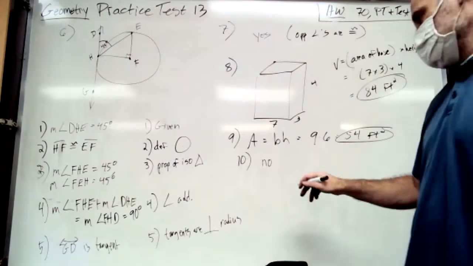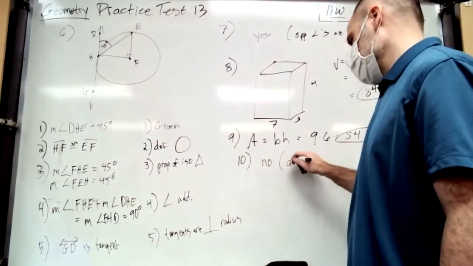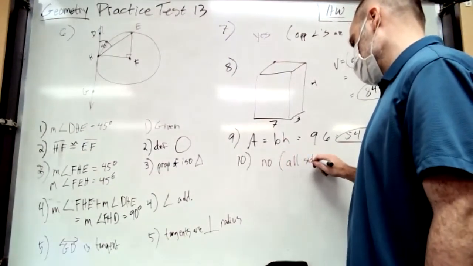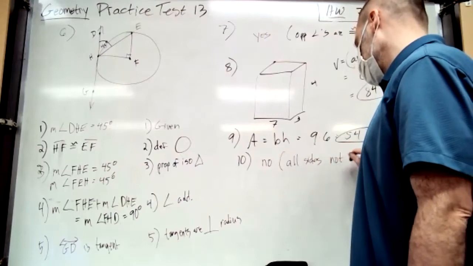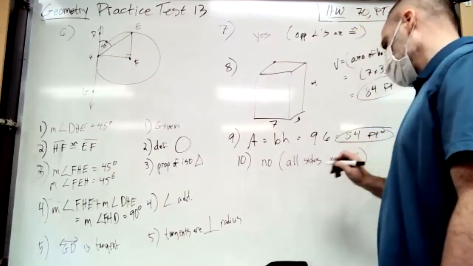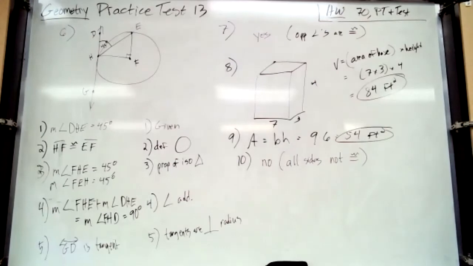Because if x equals 7, then 5x minus 8 does not equal 28. You could also say that all sides are not congruent, so it can't be a rhombus. Remember, a rhombus has all sides congruent.